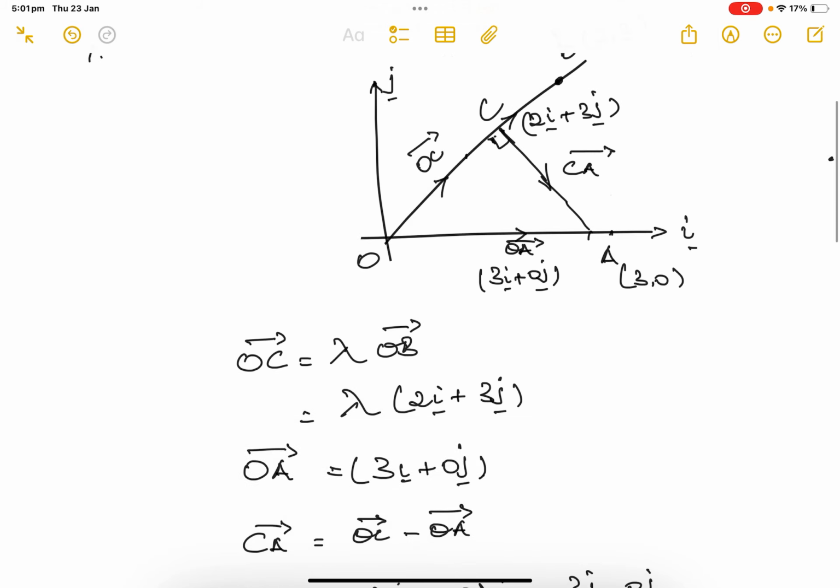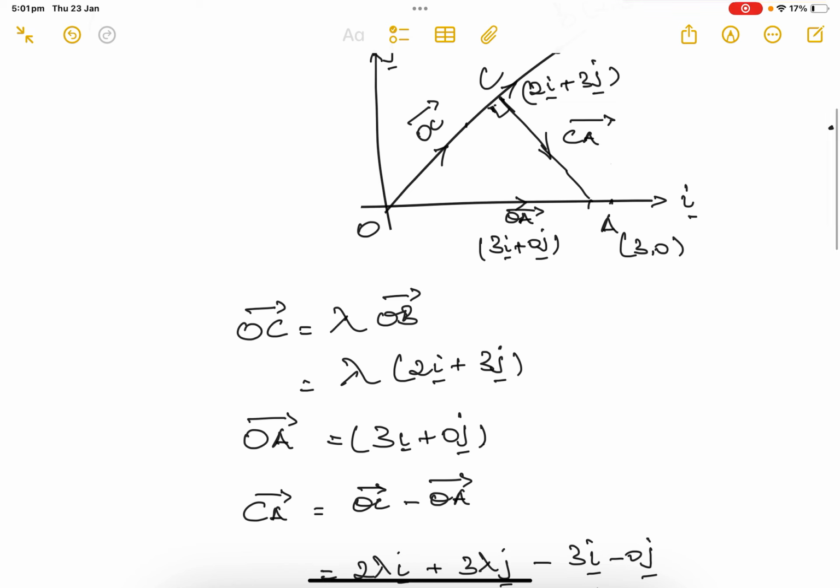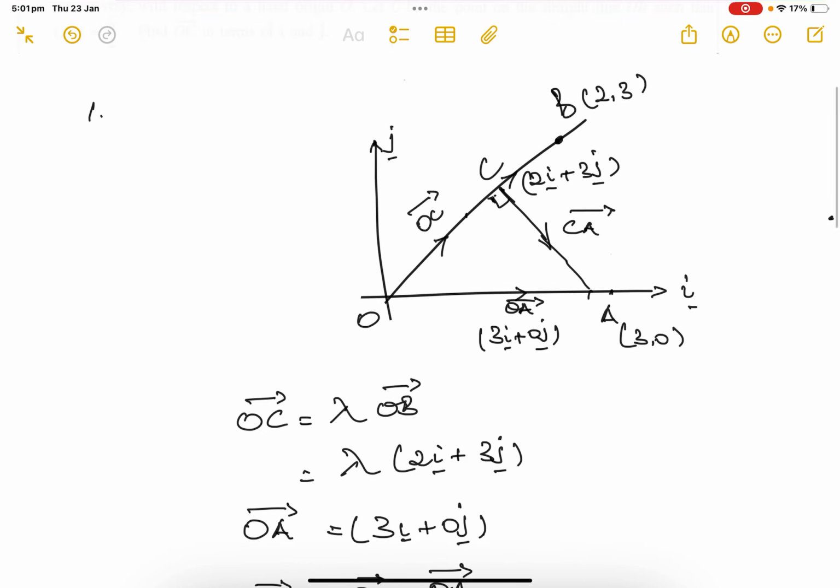Let's make an assumption. We know the vector OB is 2i plus 3j. C is on the same line as OB, so it's a parallel vector, only the modulus is different.